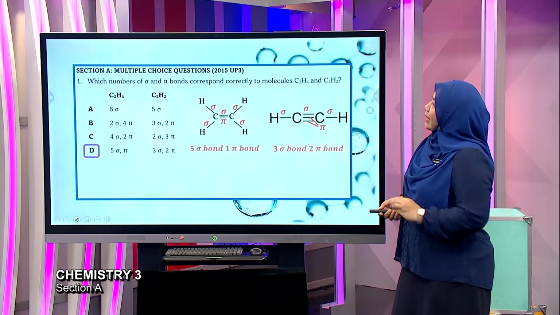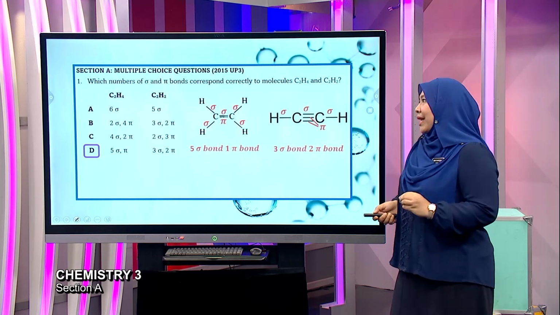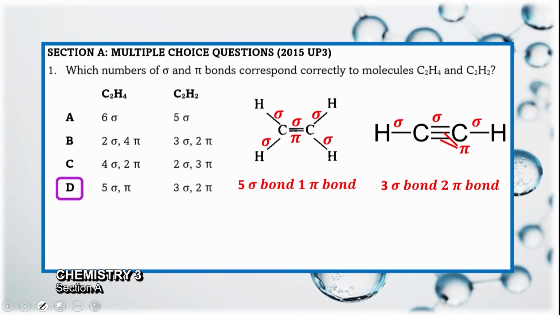Okay, so soalan ini adalah daripada soalan section A 2015 ulangan semester 3. Which numbers of sigma and pi bonds corresponds correctly to the molecules C2H4 and C2H2? So here, in order for you to answer these questions, you first have to draw the structural formulae of ethene C2H4 and ethyne C2H2.